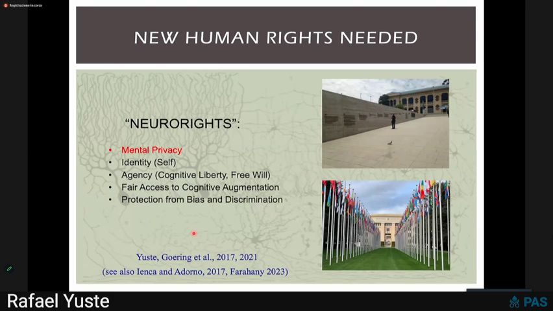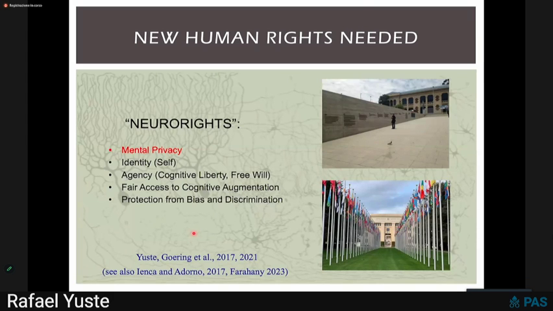So this is the essence of who we are. And we came up with the term neurorights to define new types of human rights that would protect brain activity from inappropriate uses of neurotechnology.